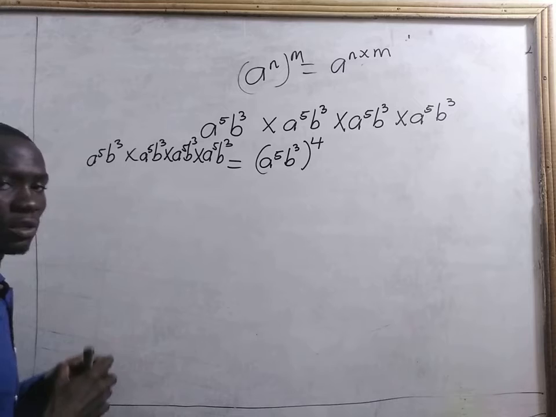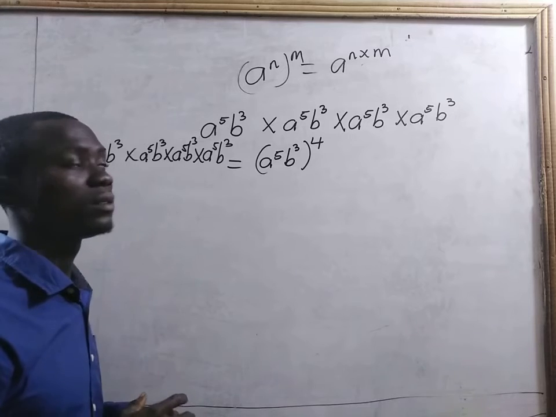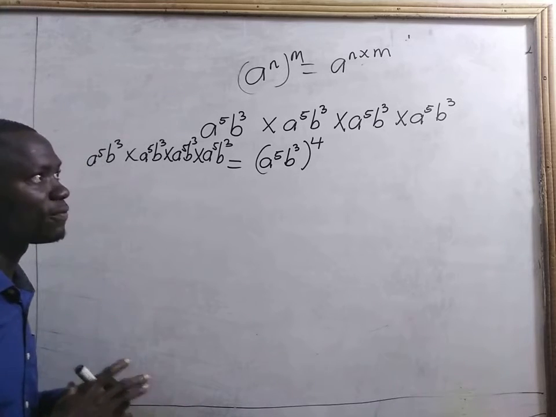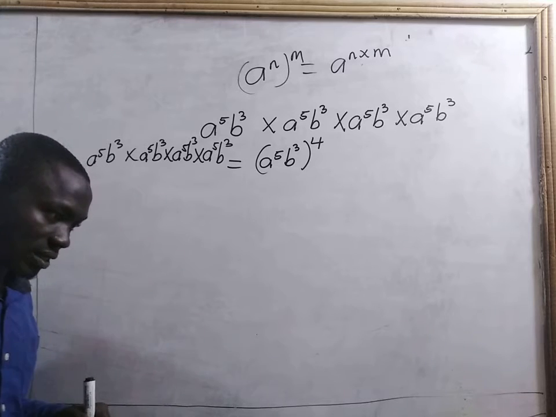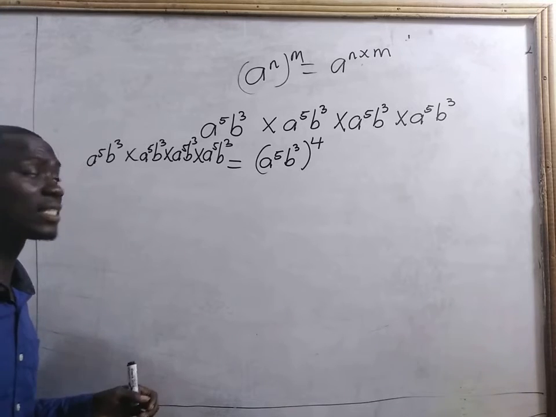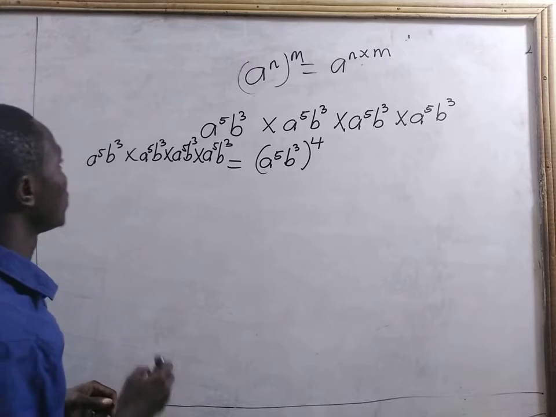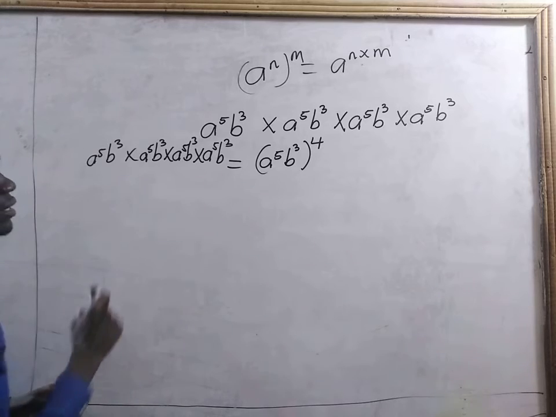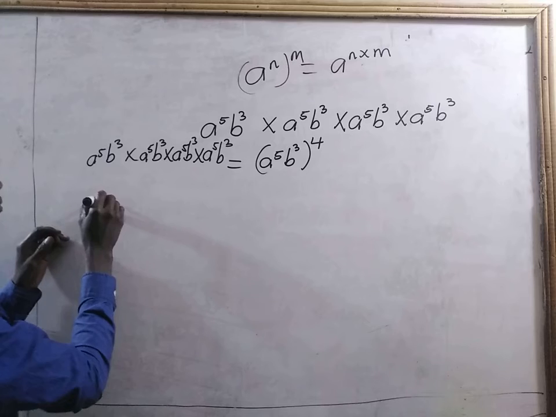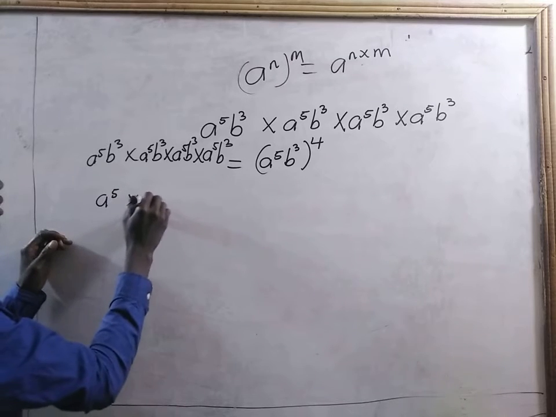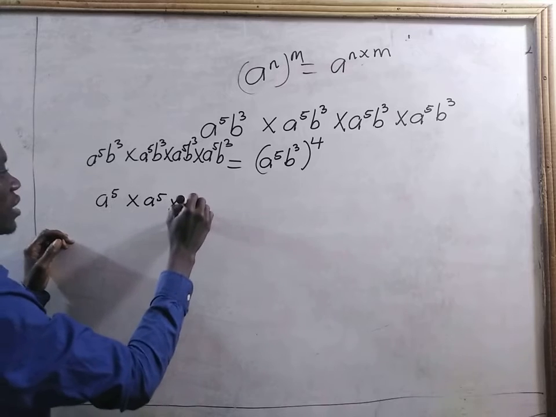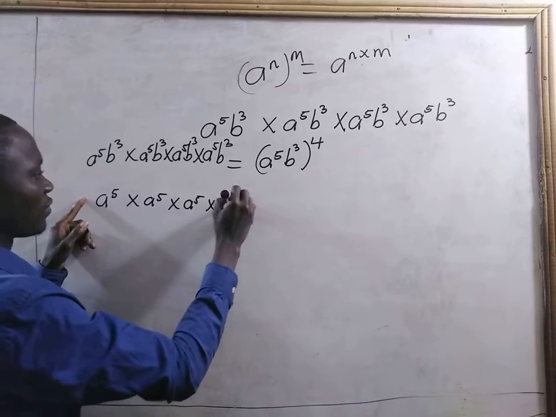Now, from the first law of indices, let's see something that is a product rule. This one can be expanded as a exponent 5 times a exponent 5 times a exponent 5 times a exponent 5.